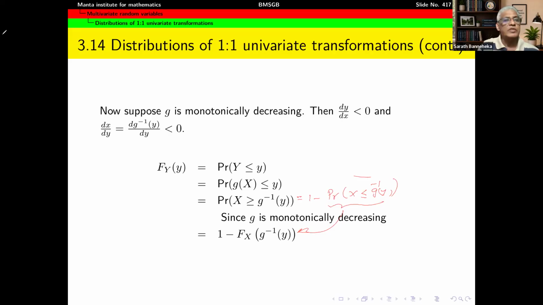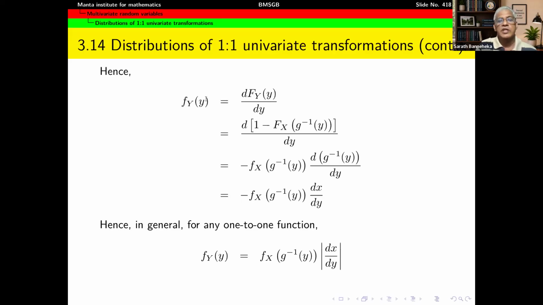Right. So now let's take the derivative of this thing with respect to y to get the density function. So the derivative is going to be the derivative of 1 minus F_X(g inverse y) with respect to y. When you take the derivative with respect to y, first of all, you get this negative sign, and then the density function of X evaluated at this value times the derivative of this quantity with respect to y.